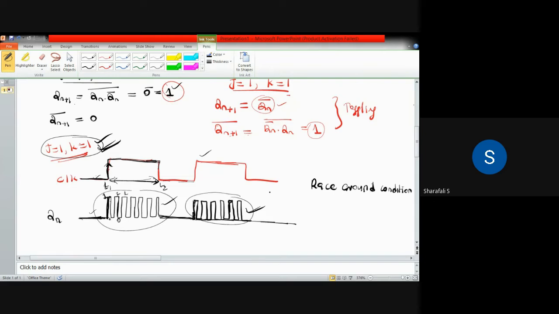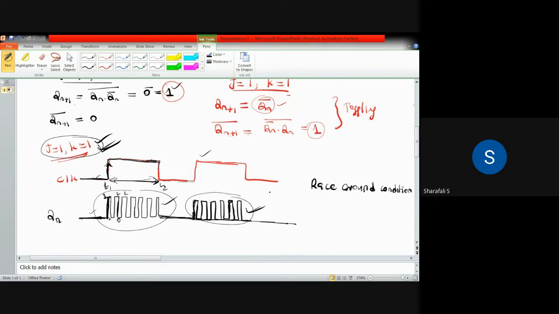So this condition is called the race around condition, which means that if your clock pulse is long enough, meaning the period is large, then toggling will happen within the pulse. The state of the flip-flop will toggle within this pulse, and the output will become uncertain.